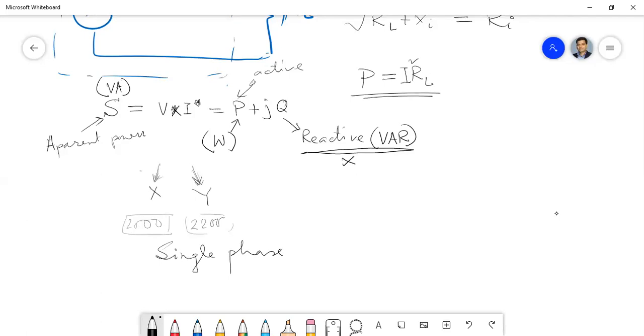Suppose X and Y are fed by two different phases, one R phase, another Y phase, because there are three phases outgoing from the transformer. X is getting R phase and Y is getting Y phase. In that case, the voltage can be different, and the power also can be different.